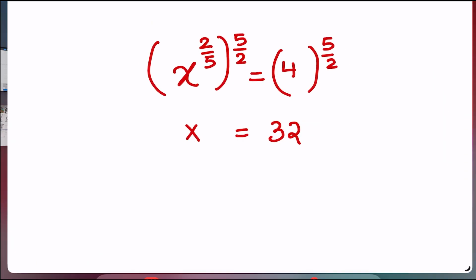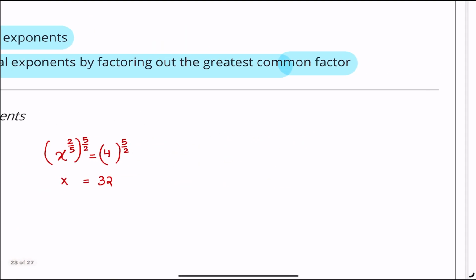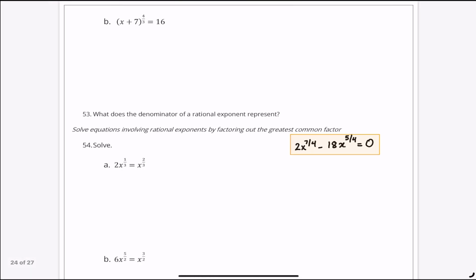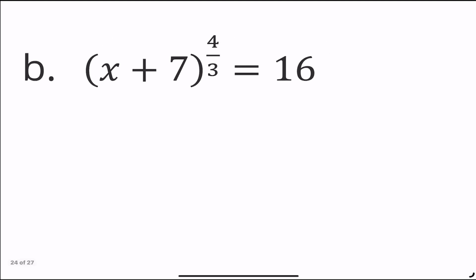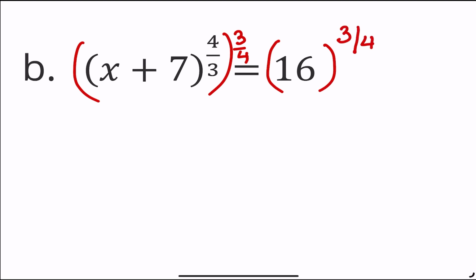All right, let's take a look at the next one. This is easy. I raise everything to the power 3/4, because what's the inverse of 4/3? 3/4. Now I want you to stop the video, go ahead and plug 16 to the power 3/4 into your Desmos and tell me what you got.